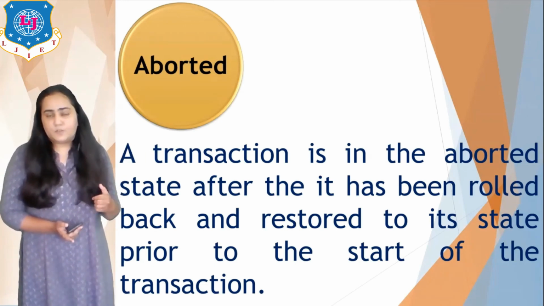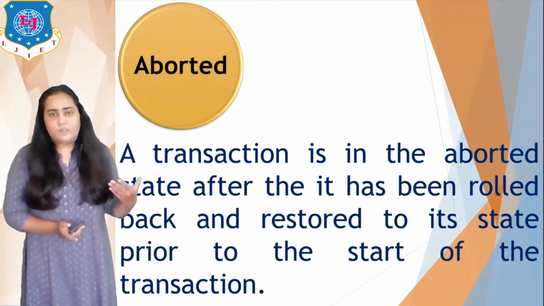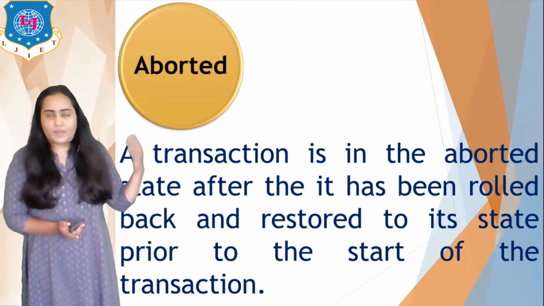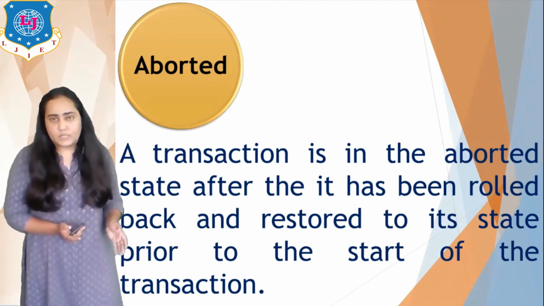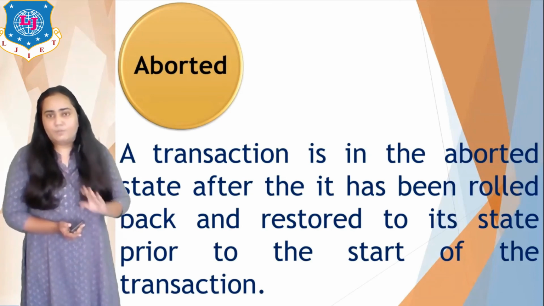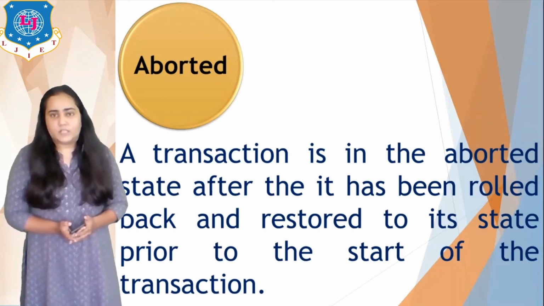So if suppose the transaction fails after performing some operations, then you would roll it back and bring it to the initial state, which means whatever changes were done by that transaction would be removed from the database completely. That is what aborted state means.